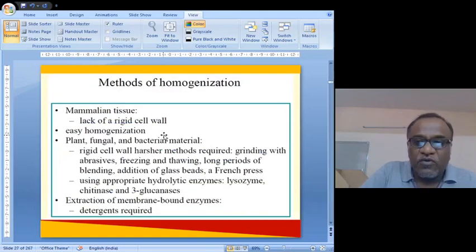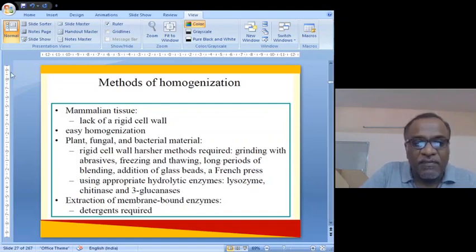Now, if you go for methods of homogenization, if it is a mammalian tissue, it lacks a rigid cell wall, so it is an easy homogenization process. If it is plant, fungal or bacterial, they have a rigid cell wall, so slightly harsher methods are required.